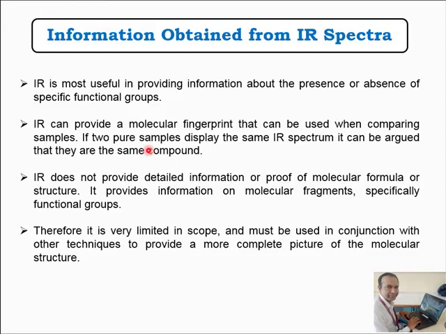Therefore, it is very limited in scope and must be used in conjunction with other techniques to provide a more complete picture of the molecular structure. So these are some of the limitations, that we are unable to reach the final structure with the help of only IR spectra.